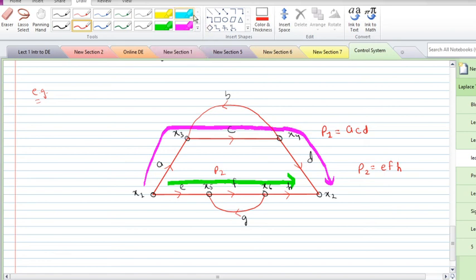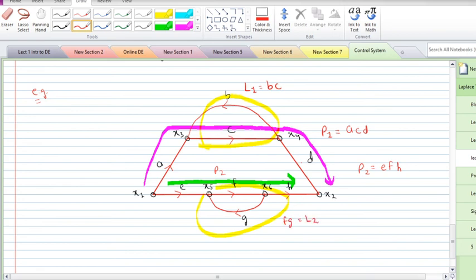And there are two loops. One is this one and another is this one. Suppose this is your L1 with loop transmittance BC, and this is L2 with loop transmittance FG or GA.